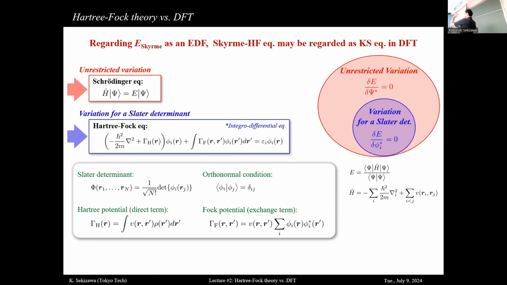This makes the variational space much smaller than the unrestricted variation, so within this restricted space we seek the best solution.